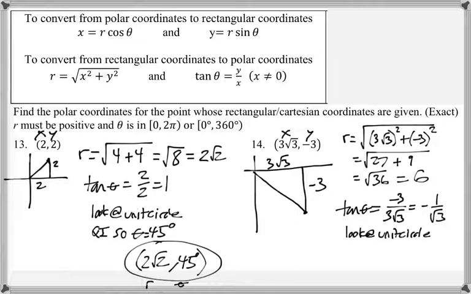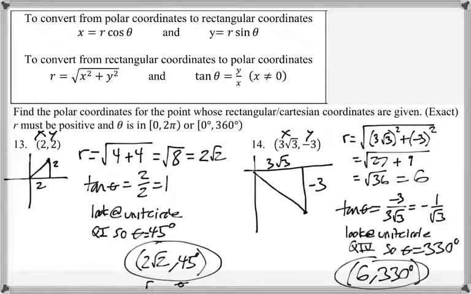And we're specifically looking in quadrant 4, and I know I'm in quadrant 4 because my picture here is in quadrant 4. So theta is equal to, this happens at 330 degrees. So my final answer is 6, 330 degrees. So that's my radius and that's my theta.